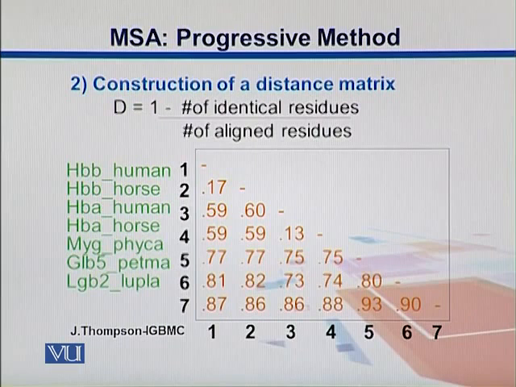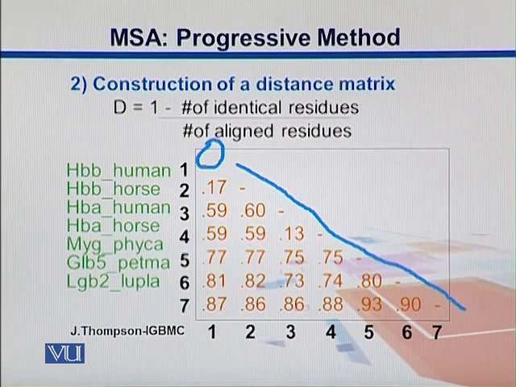We don't want the diagonals, since diagonals are the places where the sequences are compared to themselves. There is no distance, so we don't want that. In the same way we take only half of the matrix, because the remaining half is a duplicate of the other half.